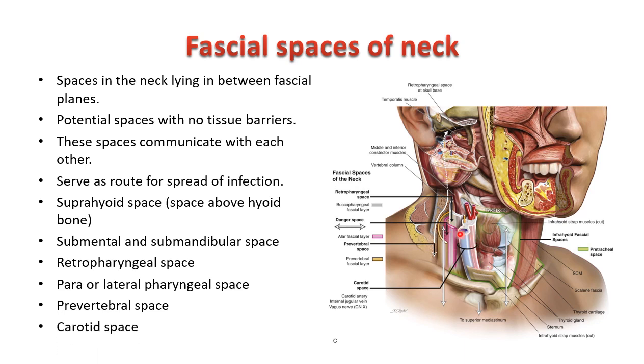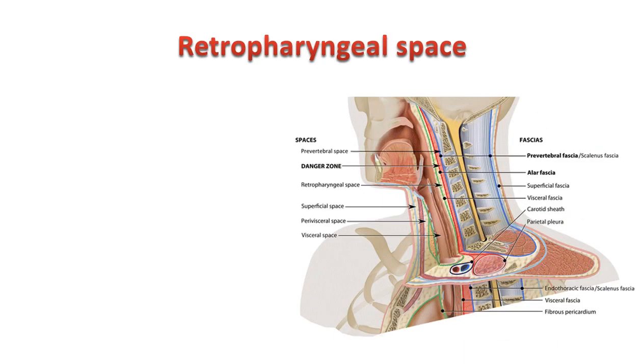You also have the space within the carotid sheath, which is called the carotid space. There are also numerous other spaces, like you also have the sublingual space. Then you have the masticator space.